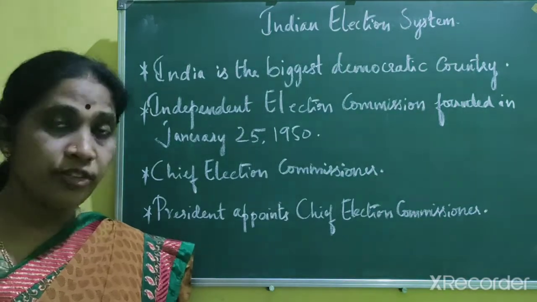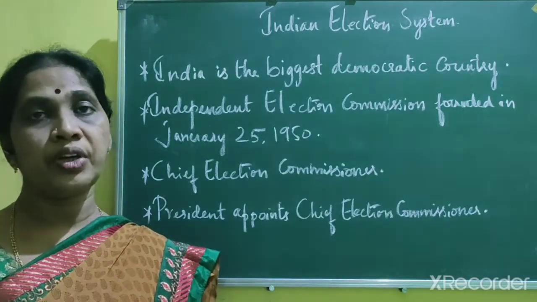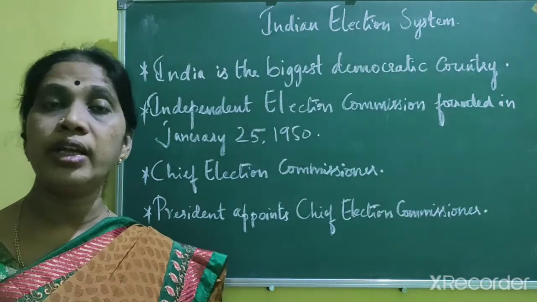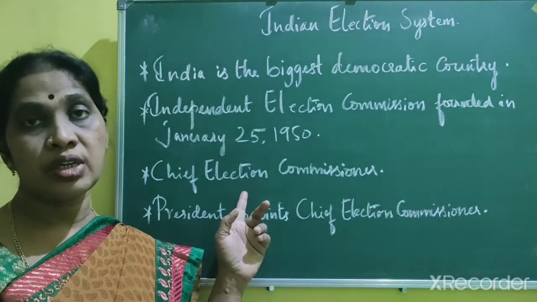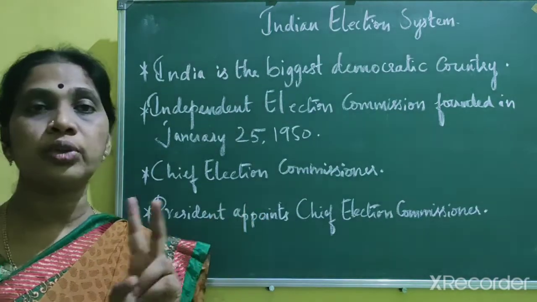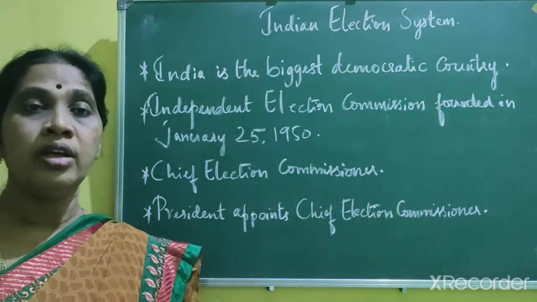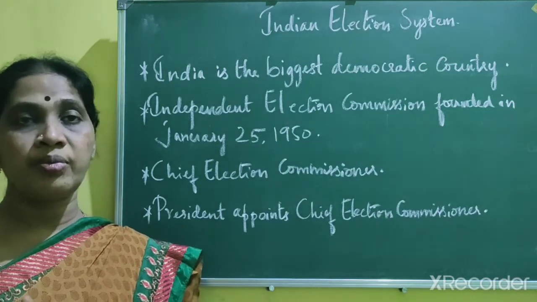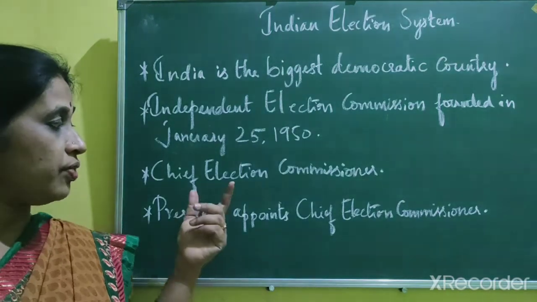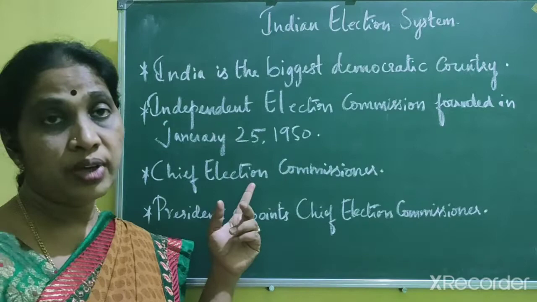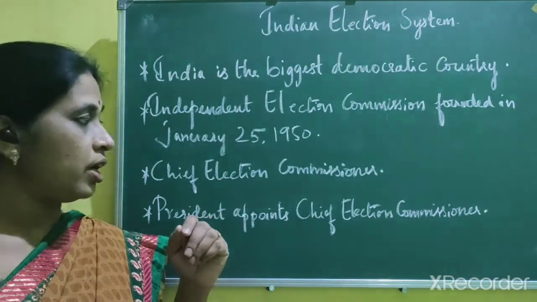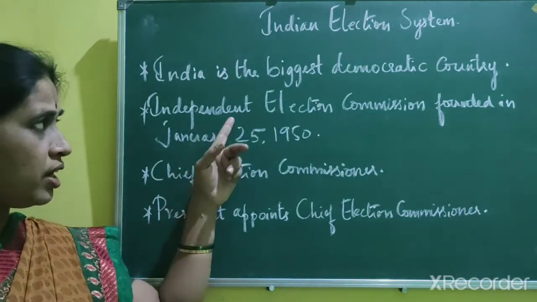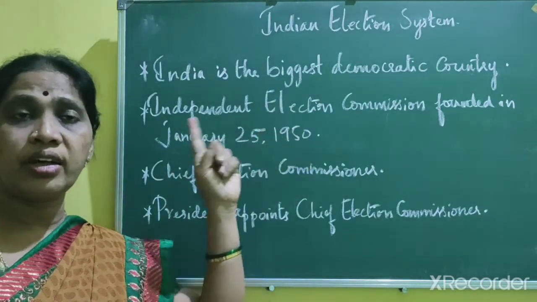If they are found incompetent or if they violate the constitution, they can be removed by the President, and again the approval of the two houses is required. That is, a 2/3 majority of the members of Parliament is essential to remove the Chief Election Commissioner from power. As I told, the Indian Election Commission conducts the elections.